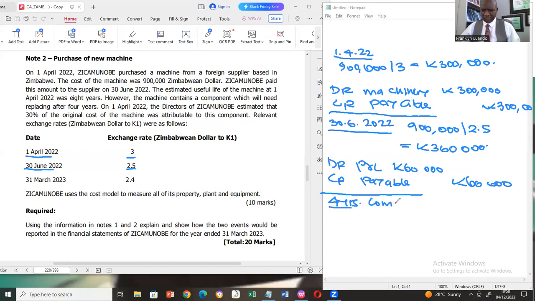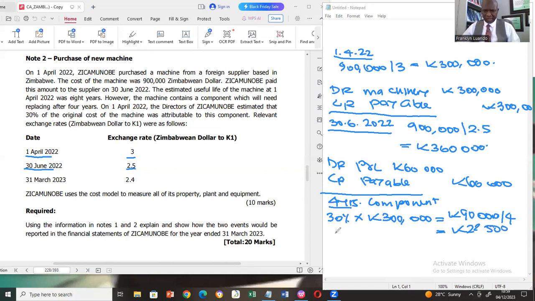Component. We are told this is equal to 30% of 300,000, which is 90,000. Divide by 4 years, multiply by 1 year. This gives us 22,500.